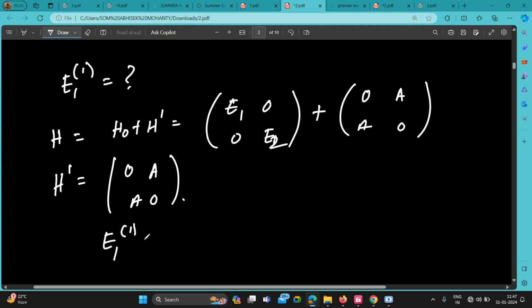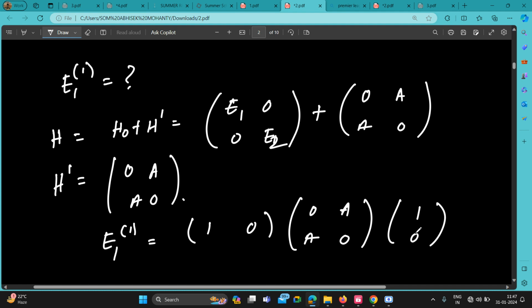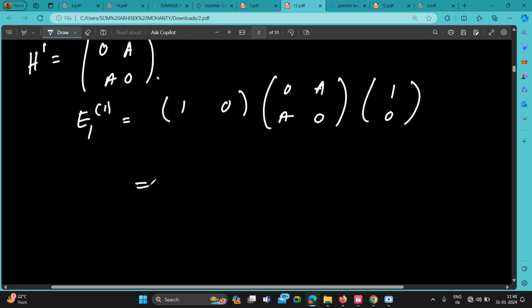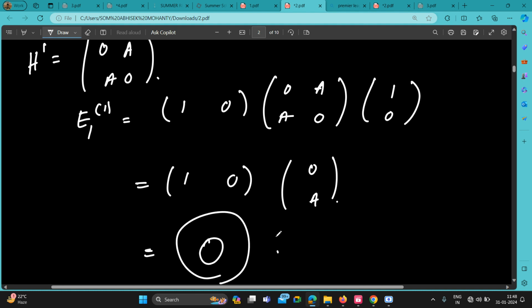So E1 I can write as 1 0 times 0 A A 0 times 1 0, the given eigenvectors. Let's multiply these. The answer is 0, so the energy correction is 0. This was a time independent perturbation. Time dependent is not necessary, we won't do it.